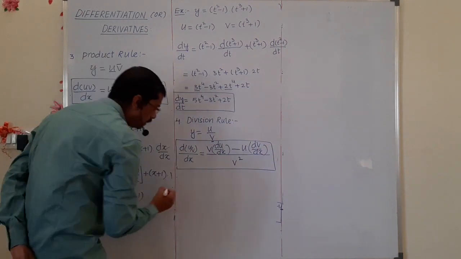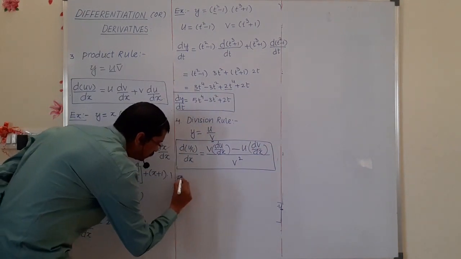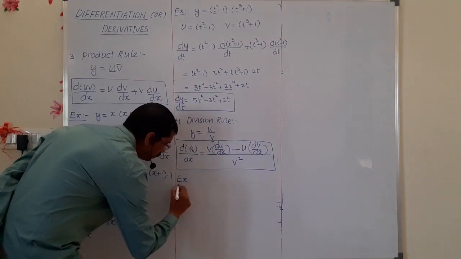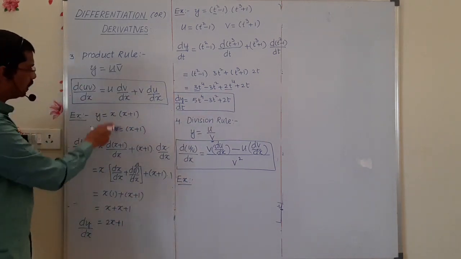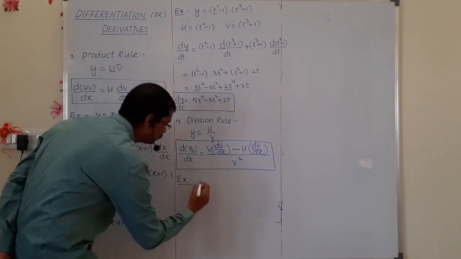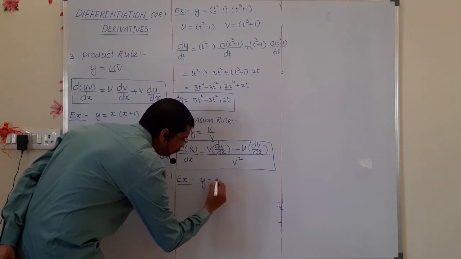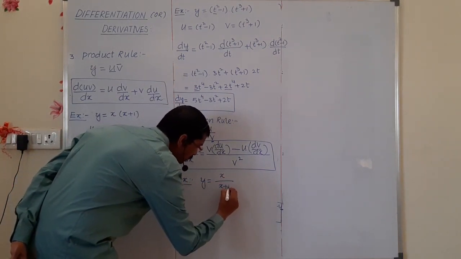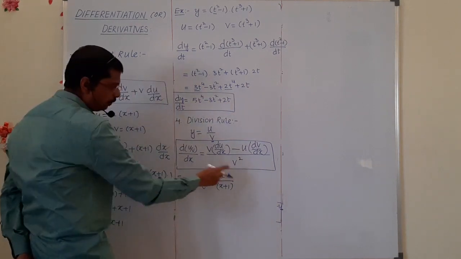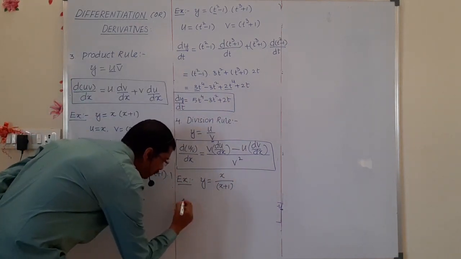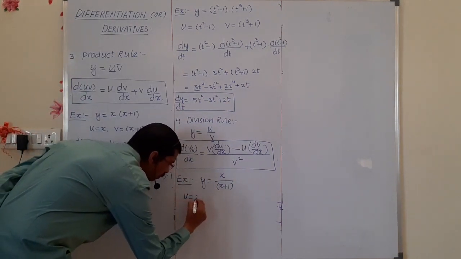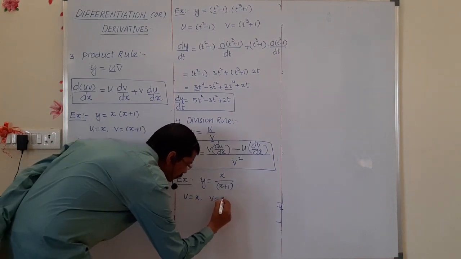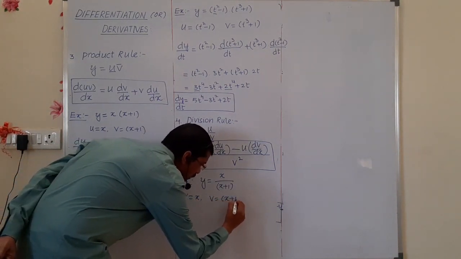If you solve sums with this division rule, I will check the same sum: y is equals to x upon x plus 1. It is an x function. Now take u equals x and v equals x plus 1.